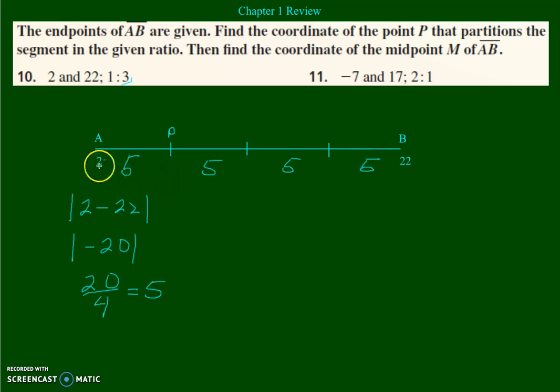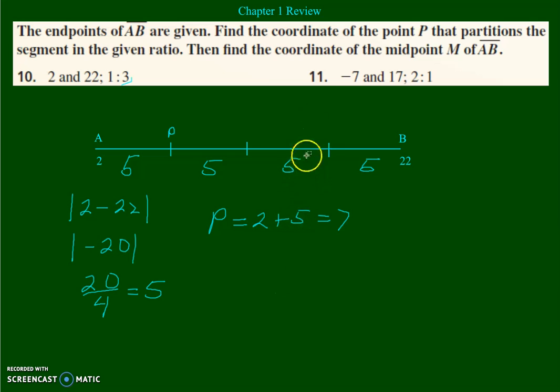Now, all we have to do is find the coordinate of P. So P equals, we start at A, which is 2, and we're going to the right, so we're adding. We add 5 units, plus 5, which gives us 7.